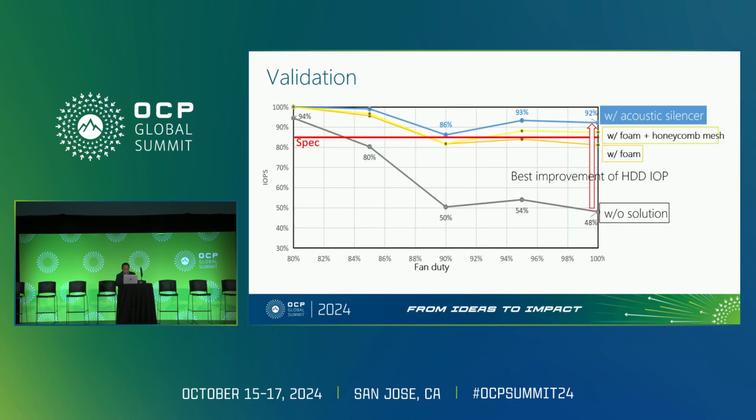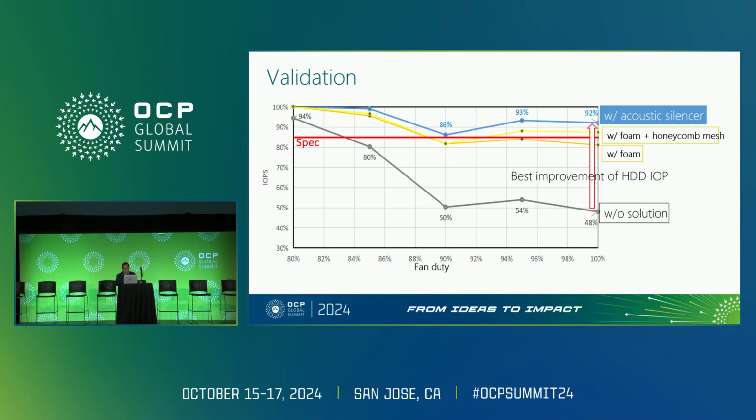In the context of HDD operation on specific workloads, increasing the fan speed from 60% duty to 100% duty can adversely affect HDD IOPS performance, potentially causing it to fall below the cooperation specification threshold.